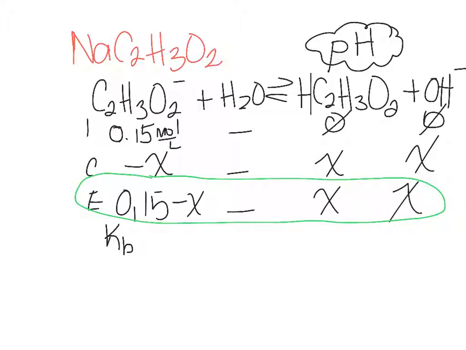Strong acids, strong bases have an equivalence point at 7. So our KB is our weak acid concentration times our hydroxide ion concentration over our conjugate base concentration.